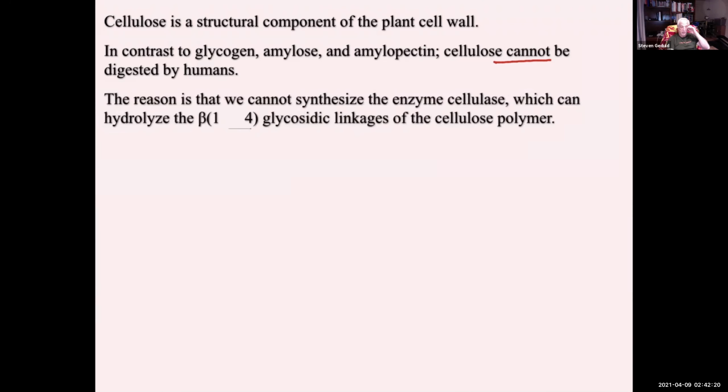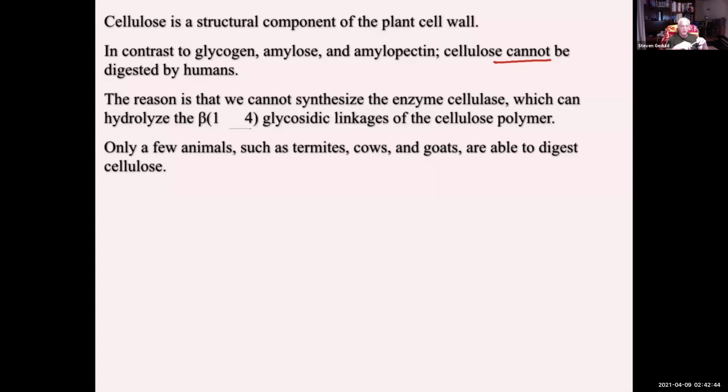The reason is that we cannot synthesize the enzyme cellulase, which hydrolyzes, adds water to, the beta-1,4 glycosidic linkage of the cellulose polymer. So when we eat cellulose, it goes right through our bodies. It does not get broken down. It does not get digested.